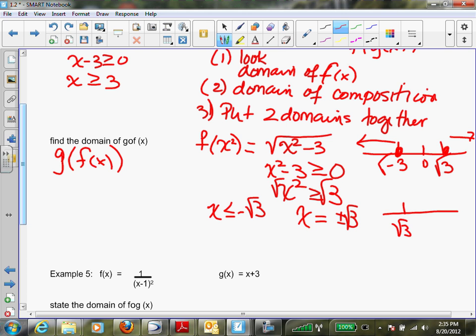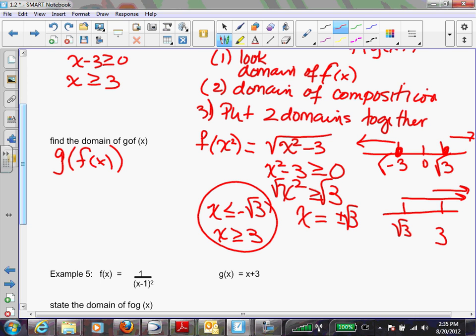Here's square root of 3. Here's 3. At what point is your solution going to work for both of those domains? Greater than 3. So x is going to be greater than or equal to 3. That becomes your domain. Because this one works for the left side, it's the right side that we have to worry about.